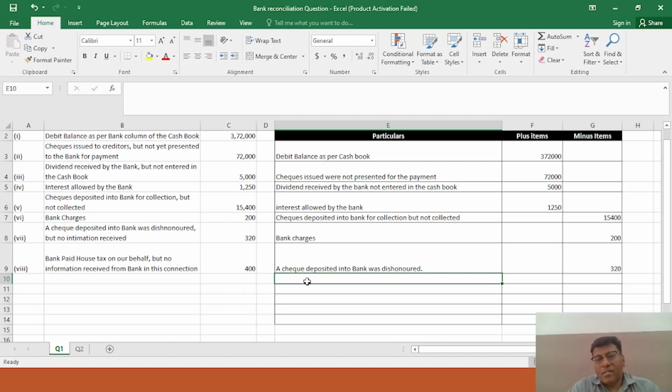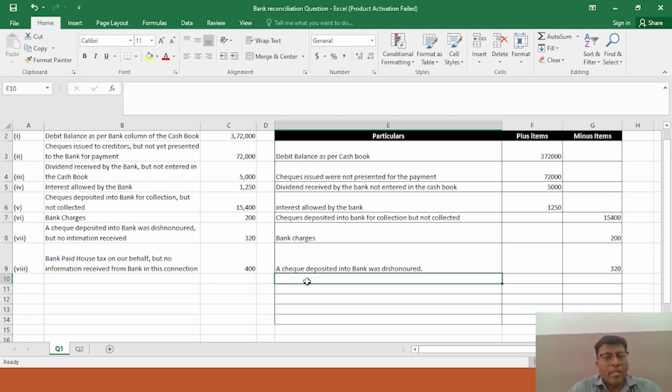And the next transaction is bank paid house tax on our behalf. Sometimes what happens is that you order the bank that if some expenses are taking place on behalf of the organization, the bank will make the payment. But in this case, you see that the bank paid house tax on our behalf, because already we have intimated the bank that whenever any information for this house tax is coming to you, you have to make the payment.